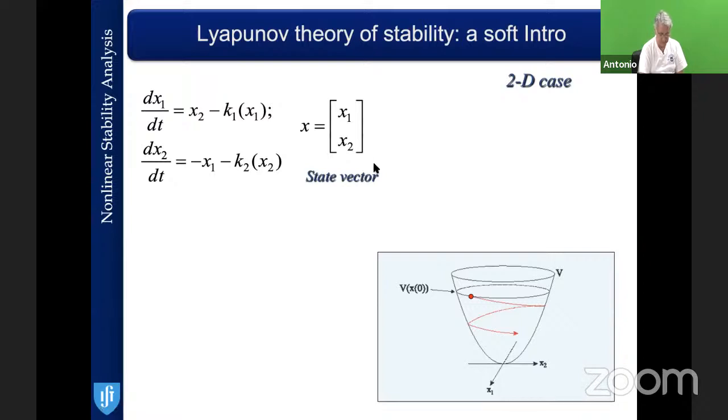Is it possible to choose Lyapunov candidates which are not from the system dynamics? I think it's not clear what you mean. Okay, a Lyapunov function, finding one is an art. Because in very simple mechanical cases and electromechanical cases, most of the times it's simply the total energy of the system.